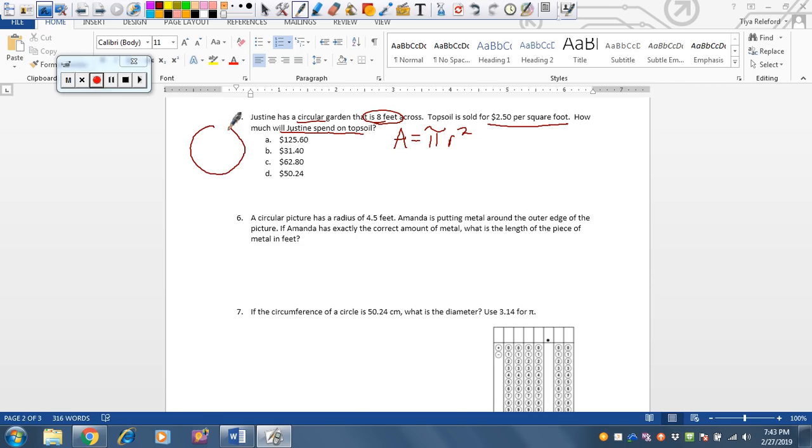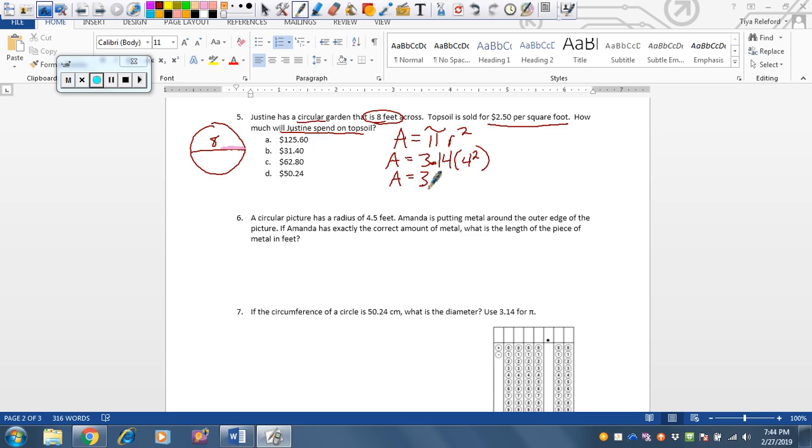Now, if there is no picture, you need to draw a picture. 8 feet across. What is radius? If the diameter is 8, the radius is 4.